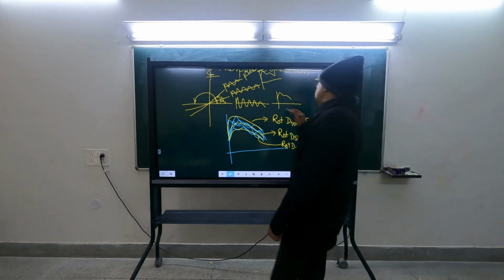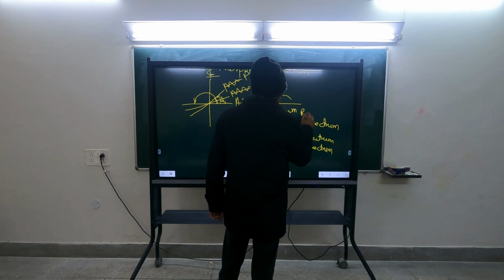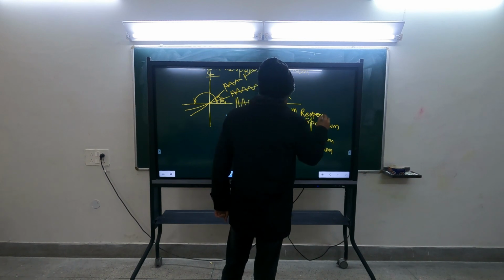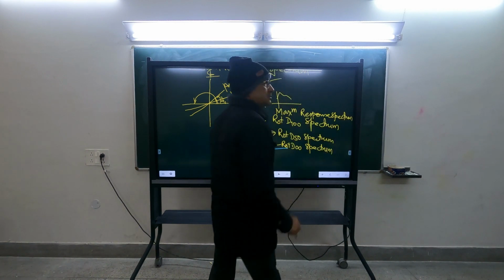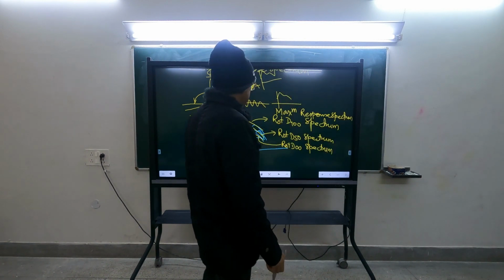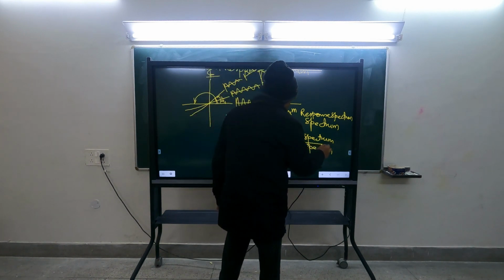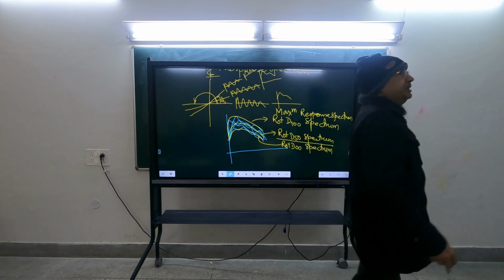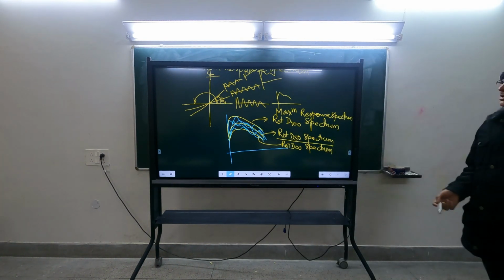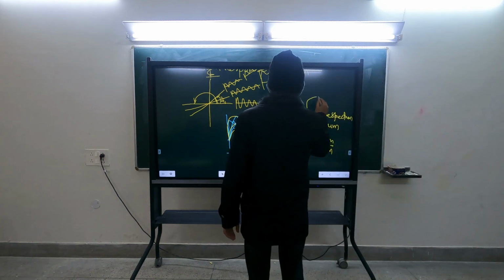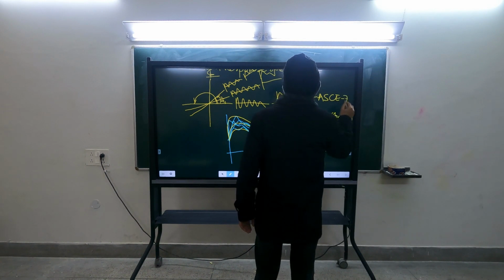This is also called maximum response spectrum. In some of the attenuation relationships, they are using RotD50, the median value. In some codes, for example, in ASCE 7, this is used.